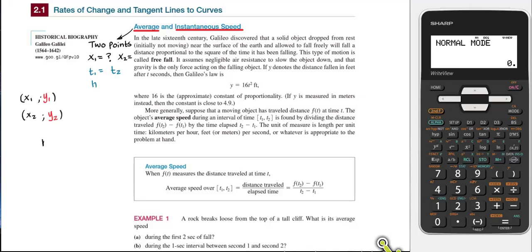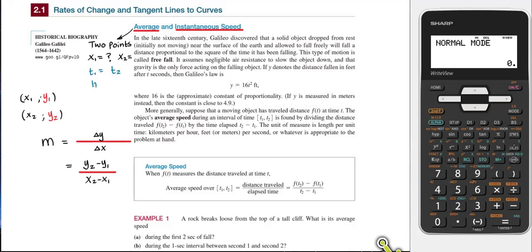The gradient of a straight line is normally written as delta y over delta x. And we know what that means. It means you must take y subscript 2 minus y subscript 1, and then divide that by x subscript 2 minus x subscript 1.